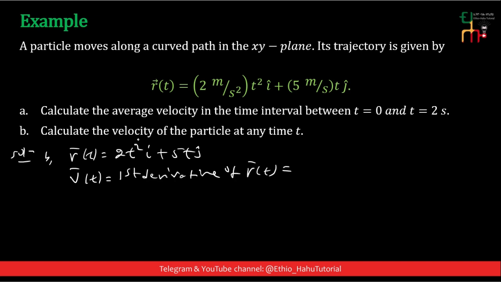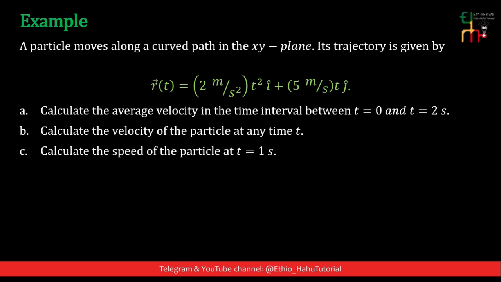That is, the derivative of this is 4t i plus 5 j. Therefore, velocity at any time t is equal to 4t i plus 5 j. This is the velocity of the particle at any instant of time.